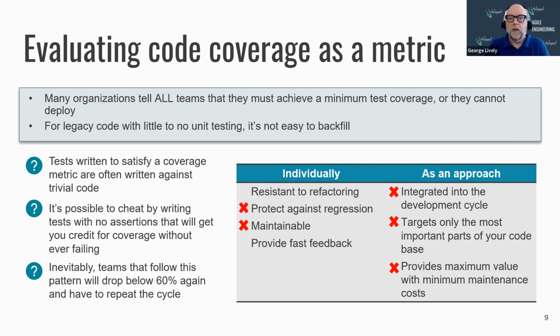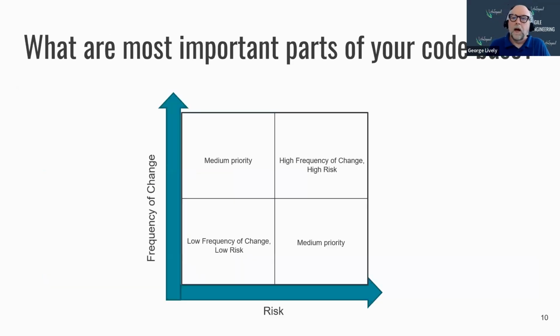Okay. So what would be a better way? What we want to do is first take some sort of a risk-based approach to figuring out where are the most important parts of our code base.